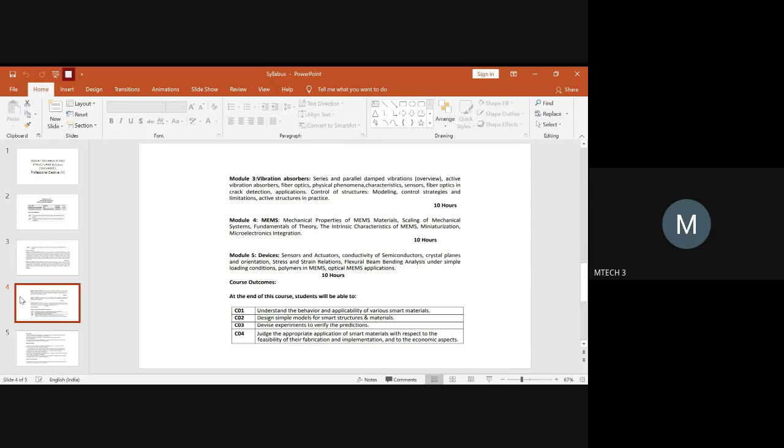So you can go for Bloom's taxonomy K5 and K6 level also. So your title is finalized, Sukrut. It's on active vibration absorbers for any application related to industry or any organization approach. Okay, Sukrut is done.